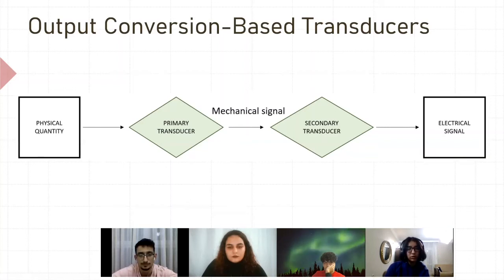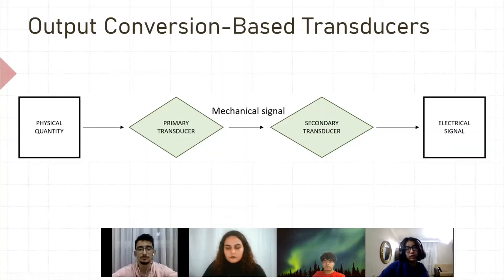Primary transducers transduce the physical stimulus into a mechanical signal. Since the primary goal of the transducers is to transduce the physical stimulus into an electrical signal, the mechanical output from the primary transducer is reprocessed in the secondary transducer.